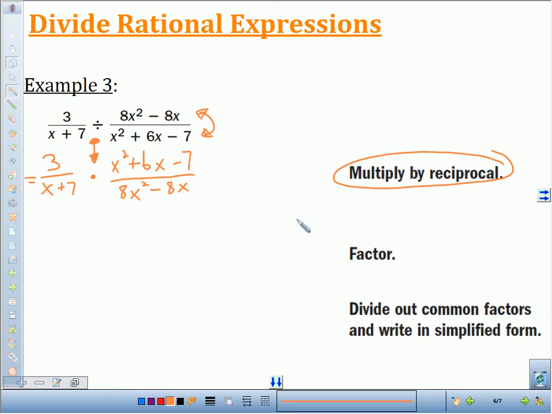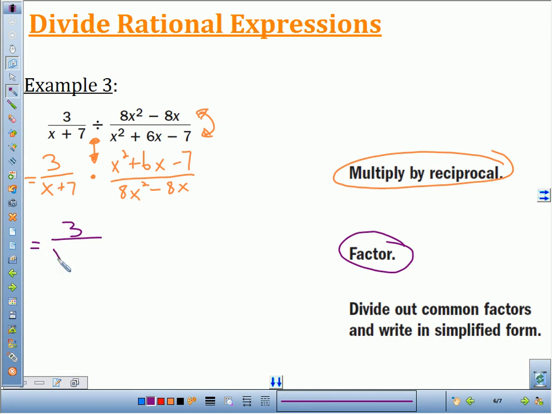From this point, it's basically exactly the same as multiplying. There's almost no difference whatsoever. We'll start by factoring. We're going to factor everything we can. We can't factor 3. We can't factor x plus 7. Right? Those go without saying. We can factor x squared plus 6x minus 7.